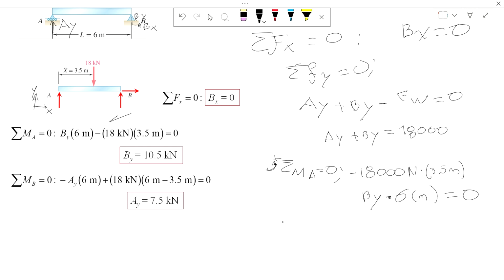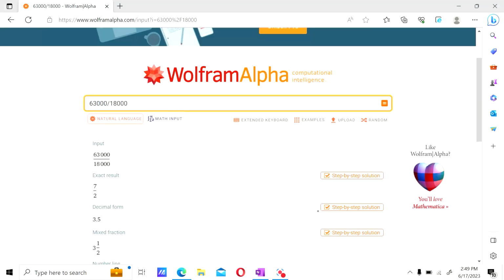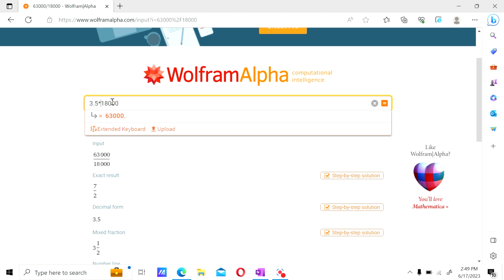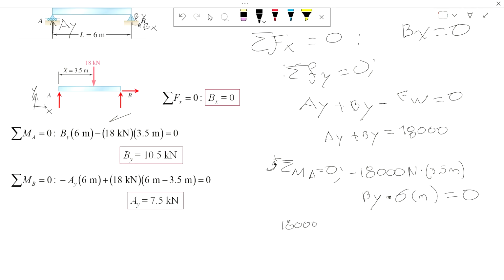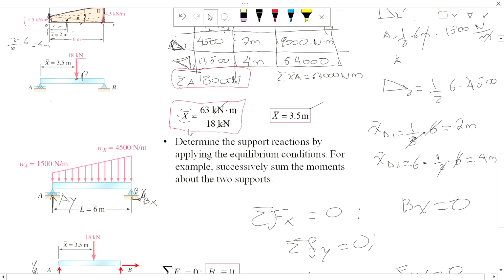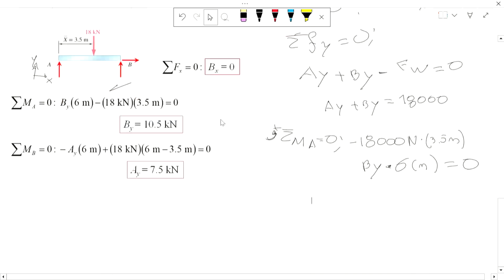So let's solve for it. 18,000 on the other side times 3.5. We can do that right now. 3.5 times 18,000 is 63,000, which is the total amount of distributed force, actually, if you remember. It's the same thing that we did here. We're doing 3.5 times 18,000.